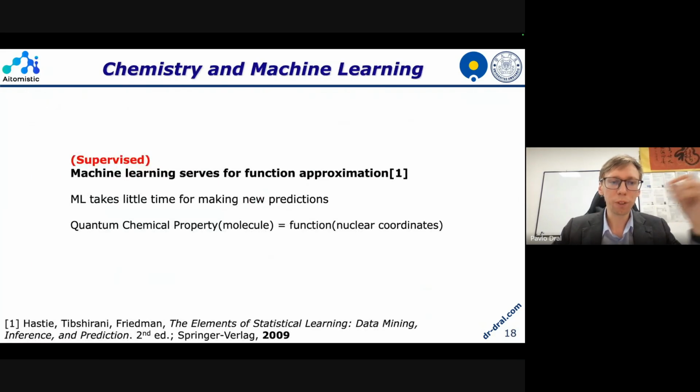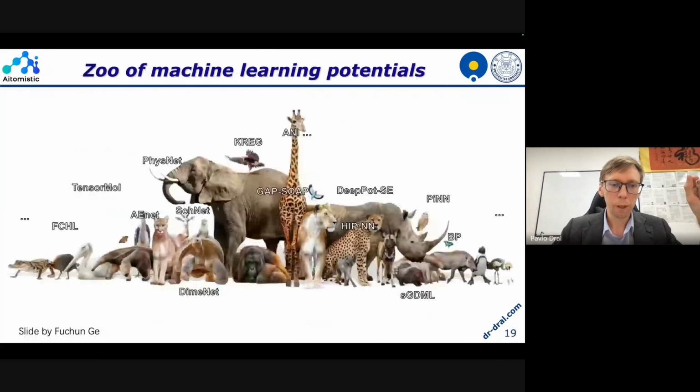The power of machine learning is exactly that it has the ability to predict almost any property you want, given enough data. And if you have a good neural network, that can be done. Now, the problem is that there are many machine learning models.